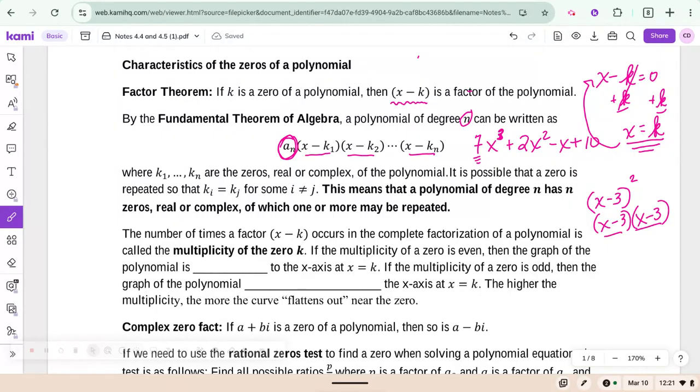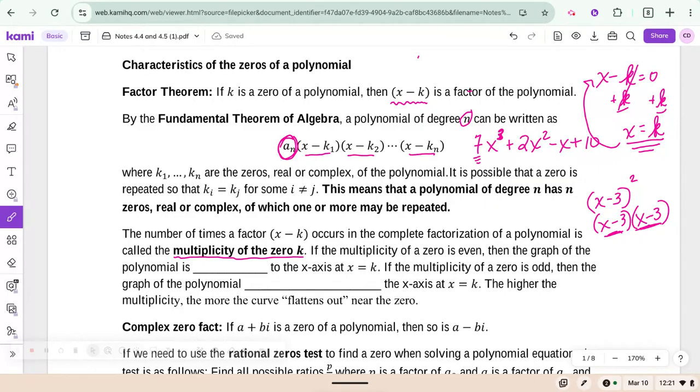Okay, that's what is meant by repeated. Now, the number of times a factor occurs in the completed factorization of a polynomial is called the multiplicity of the zero. So this one over here would have a multiplicity of 2 because it is listed twice.